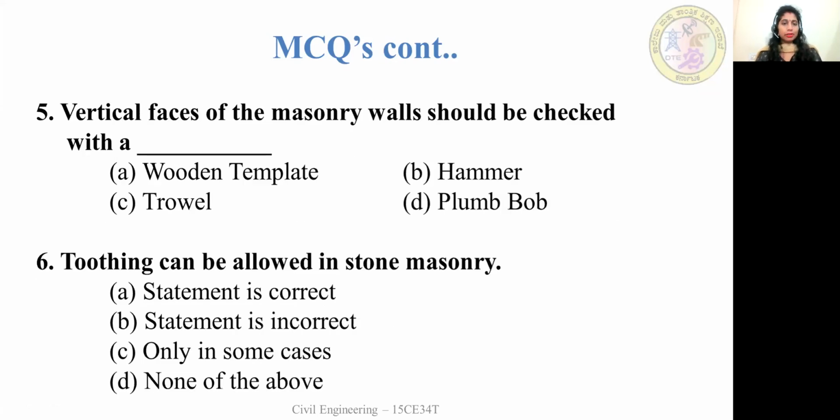The vertical faces of the masonry walls should be checked with dash. Option A, wooden template. Option B, hammer. Option C, trowel. And option D, plumb bob.